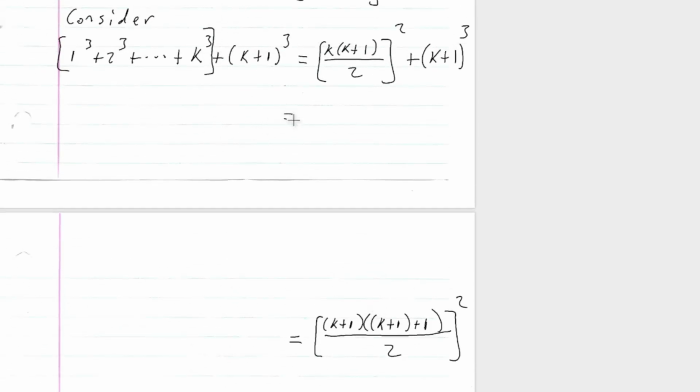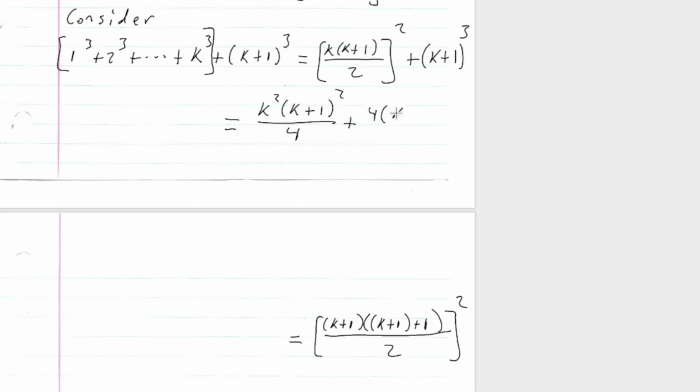Okay, so let's see. Let me give myself a little bit more room. We know this times itself is equal to k squared times k plus 1 squared over 4. And to get this to have a common denominator with this term, we need to multiply top and bottom by 4.